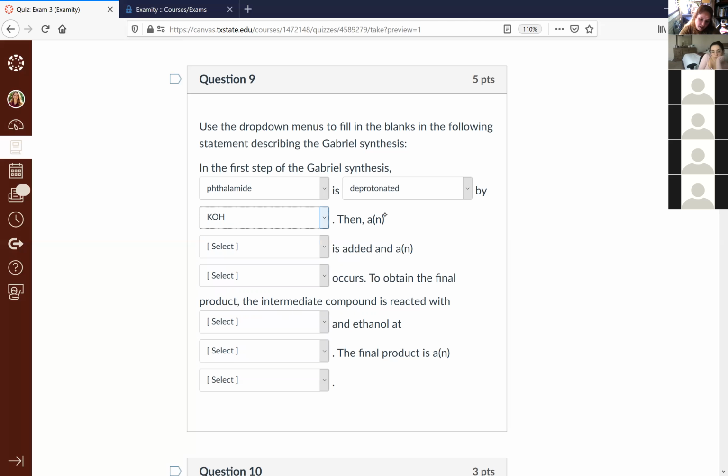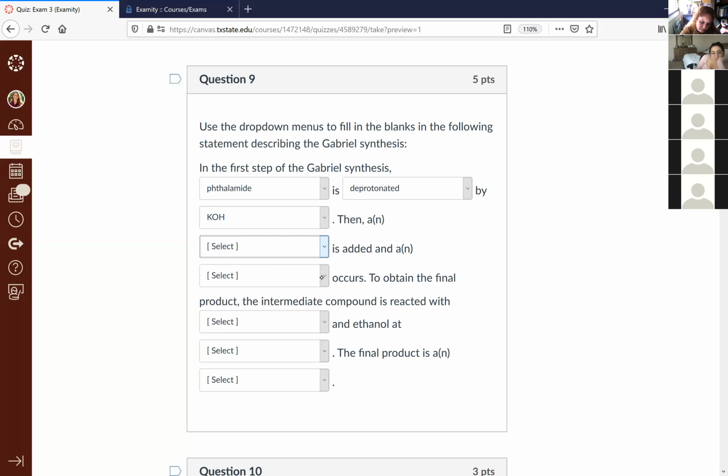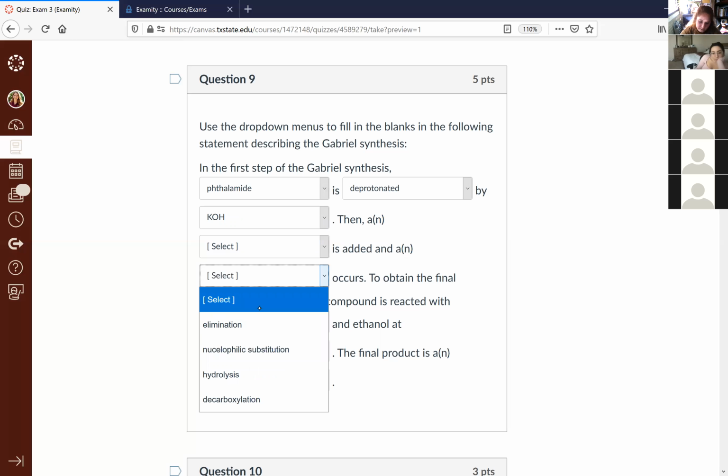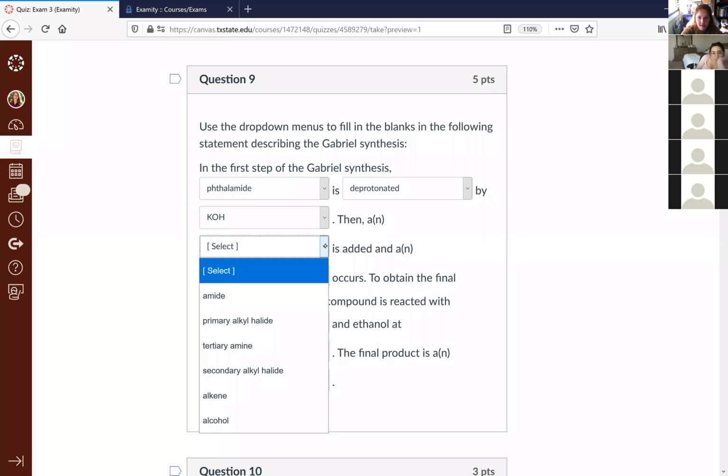Okay, so then a blank is added and a blank occurs. So you have to kind of look at the blanks to see what is supposed to go in here. So we have a compound and a type of reaction occurs. So what is added next after you've deprotonated phthalimide?